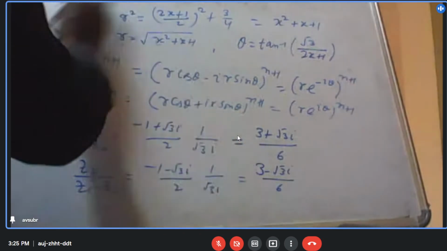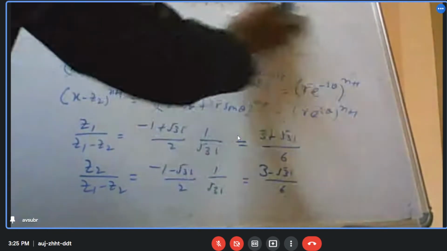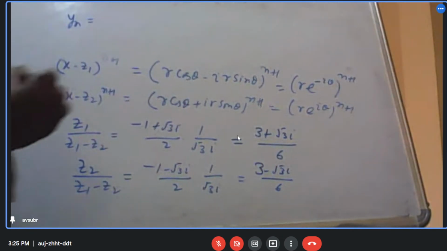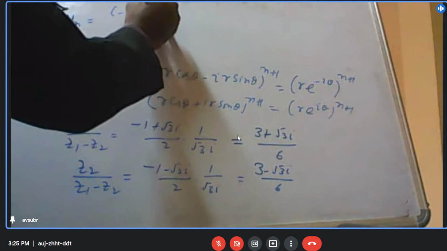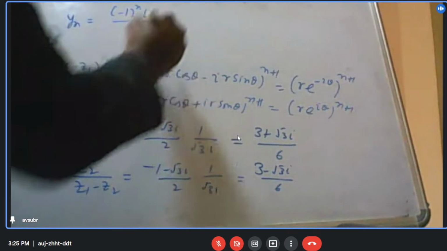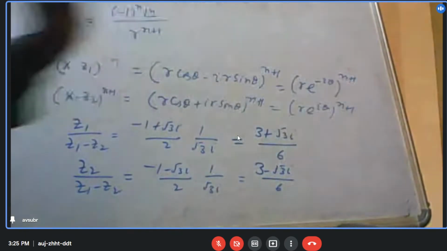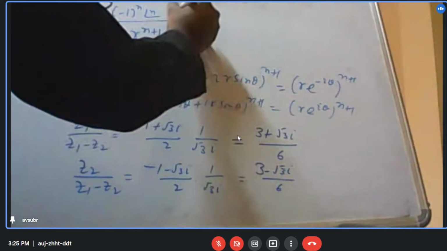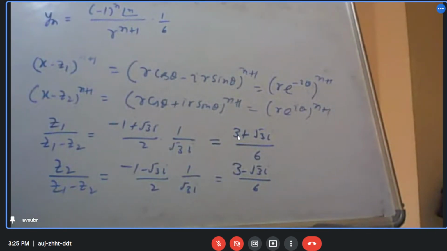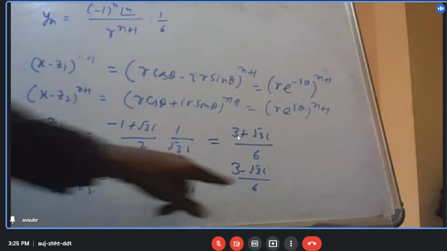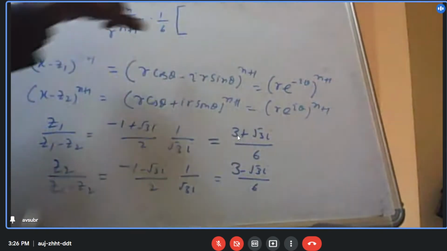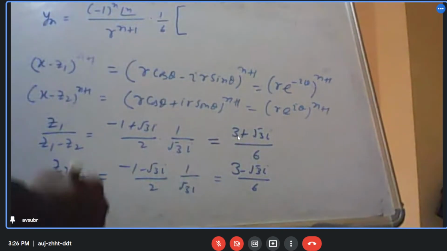So this is what we get. Then the nth derivative will be minus 1 to the power n factorial n by r to the power n plus 1 into 1 by 6, that 6 is from here, multiplied by, we will put these values back in that equation.